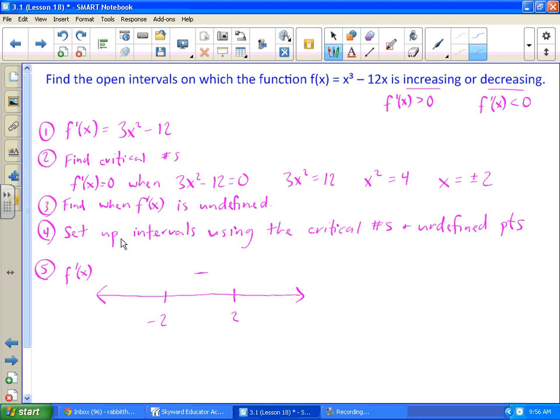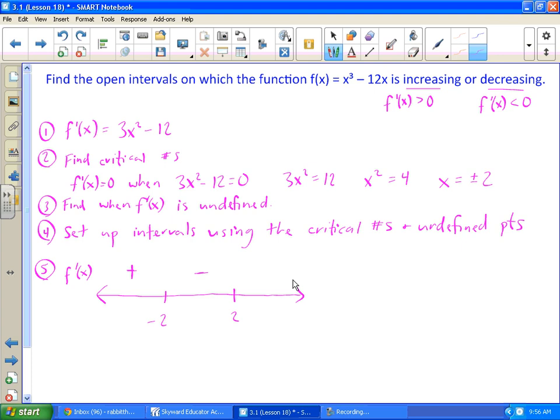How about if I plug in -3 or -4 or -5, any of those values? It would become positive, right, because it's squared here. So if I plug -3 in, I get 9 times 3 is 27 minus 12, which is positive. It doesn't matter what the value is, just whether it's positive or negative. So any number you plug in over here should give you the same sign.